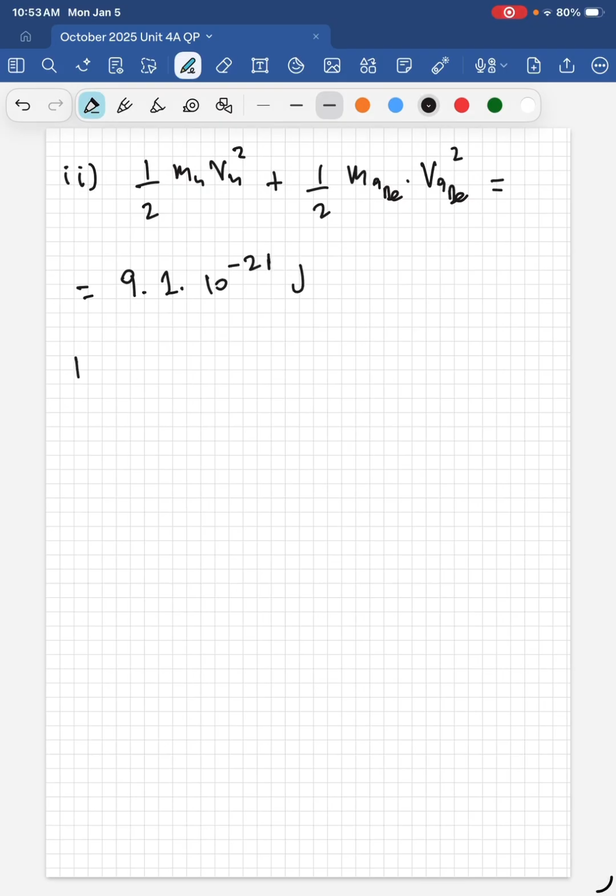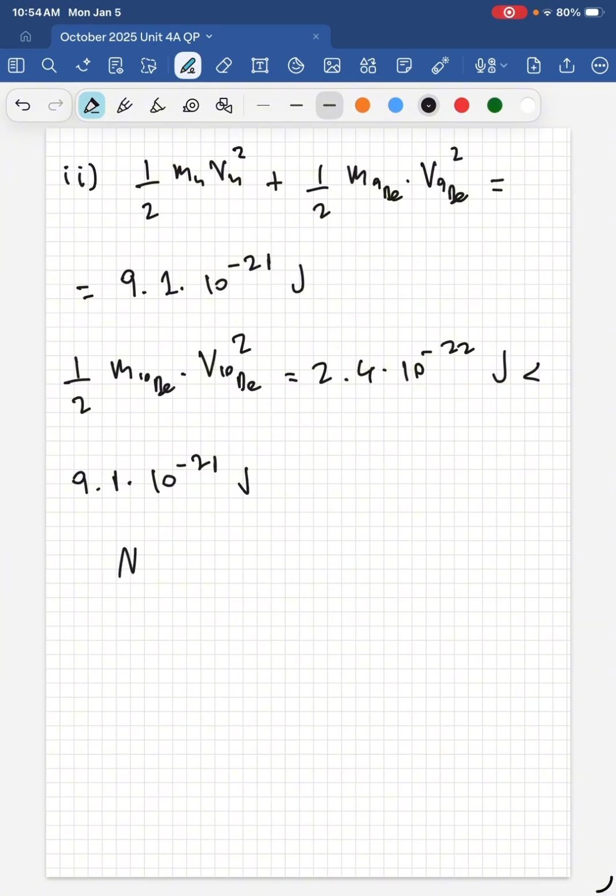The kinetic energy after is 1/2 the mass of beryllium-10 times the velocity of beryllium-10 squared. If you plug in numbers, you find 2.4 times 10 to the negative 22 joules, which is less than 9.1 times 10 to the negative 21 joules. So the collision is not elastic.